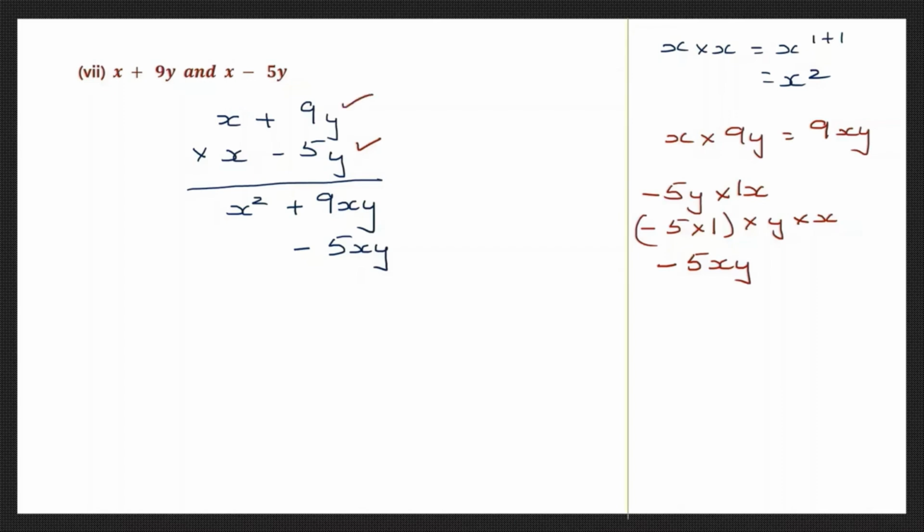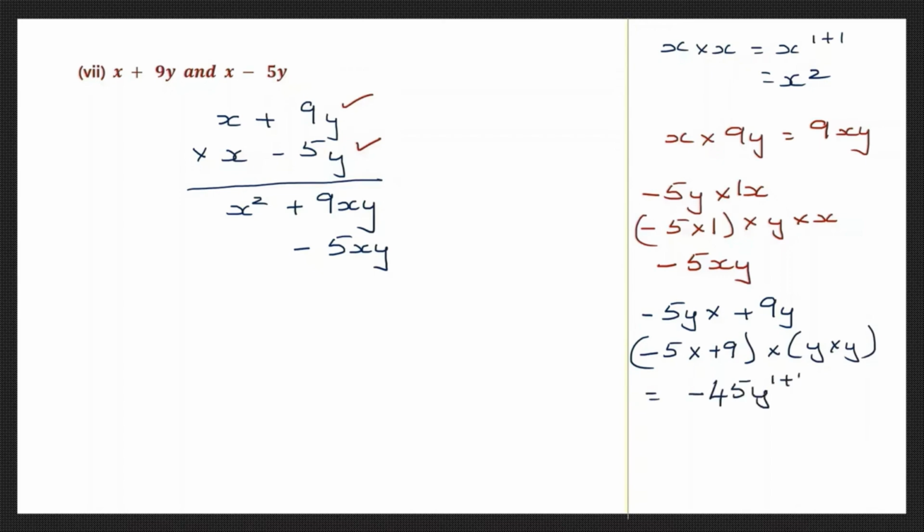So let's write that down. Minus 5y into plus 9y. So we'll take the numbers minus 5 into plus 9 and then we take y into y. So that becomes minus into plus is minus. 5 9s are 45. y to the power of 1 plus 1, which is minus 45y to the power of 2.